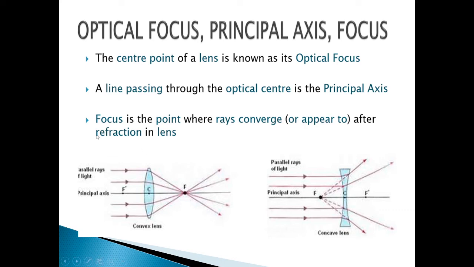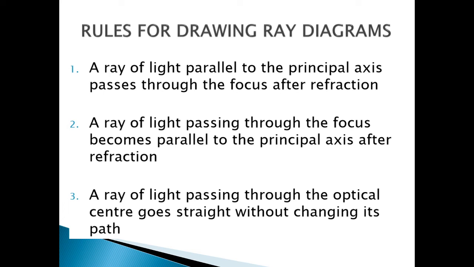The center point of a lens is called the optic center, O, and the line passing through the optic center is the principal axis. Focus is the point where all the rays converge after refraction. So this capital F is the focus. Rules: as we saw the rules for a concave mirror, now we will see the rules for a lens.